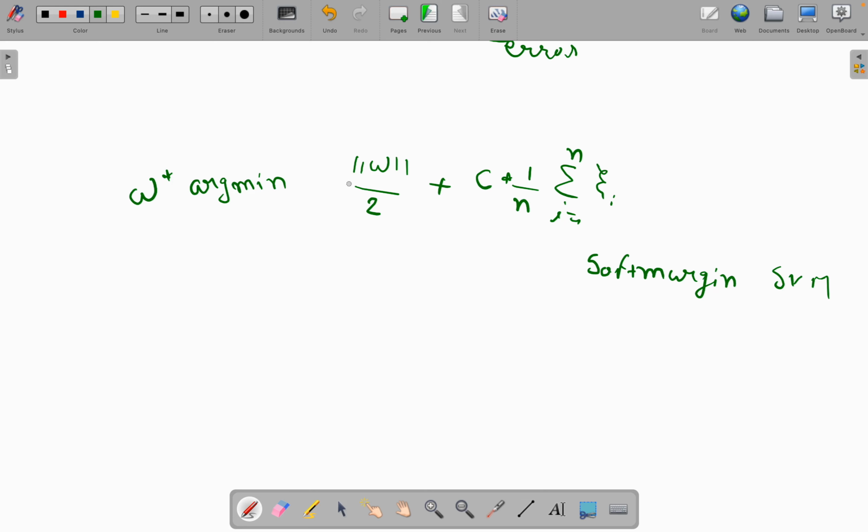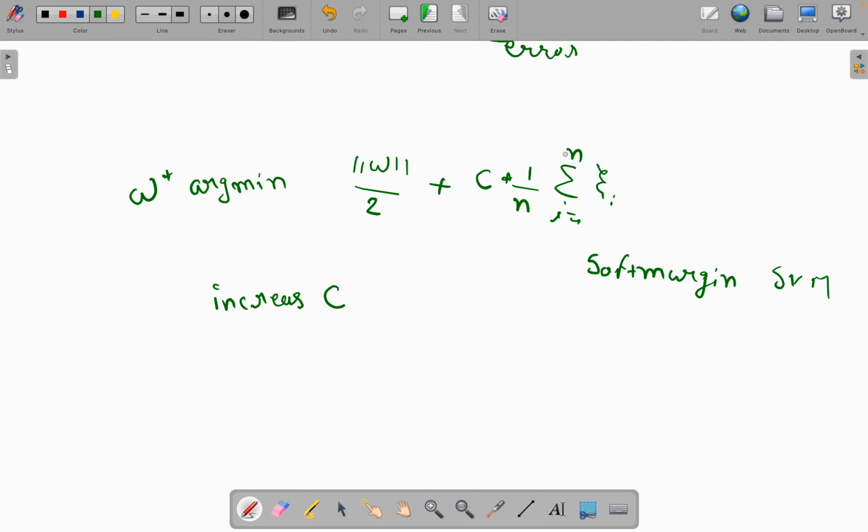Let's understand C. If you increase the value of C, what will happen? You are providing more weight to this part, which calculates the error. So even if we make a small error and C is larger, the penalty becomes larger, and we are solving a minimization problem.